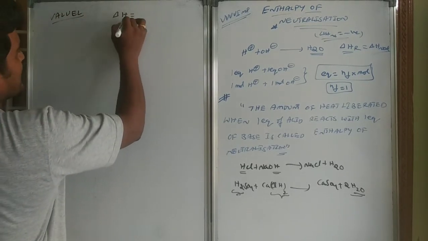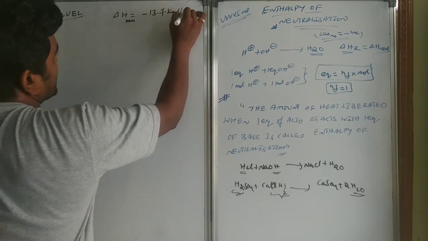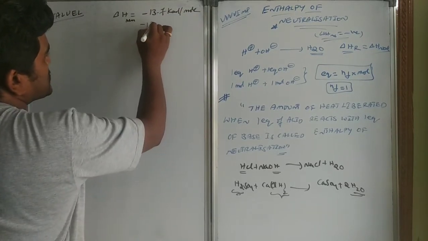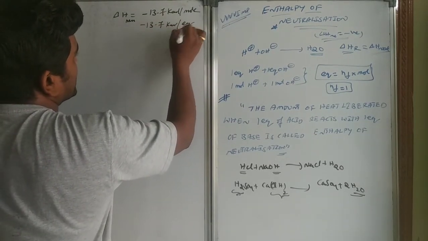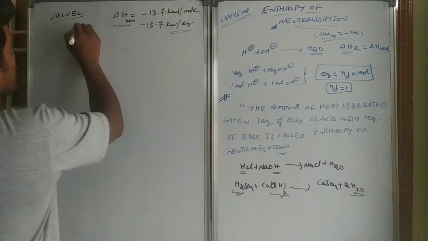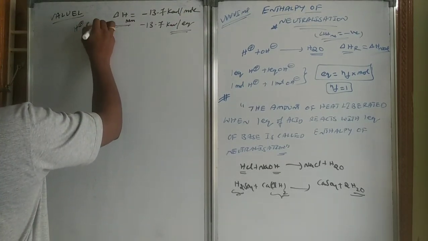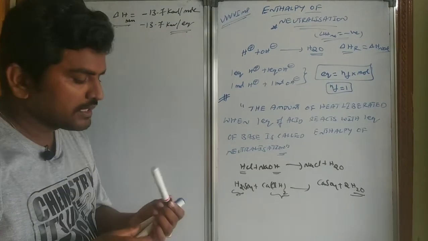What is the value of this? Delta H neutralization is minus 13.7 kilocalories per mole, or minus 13.7 kilocalories per equivalent. Here the mole refers to H+ and OH- ions only, so be careful with this.